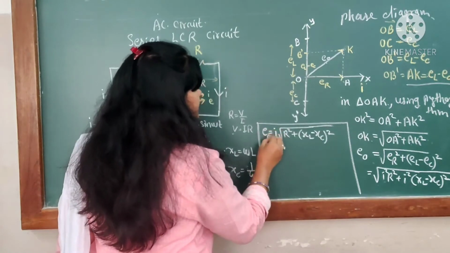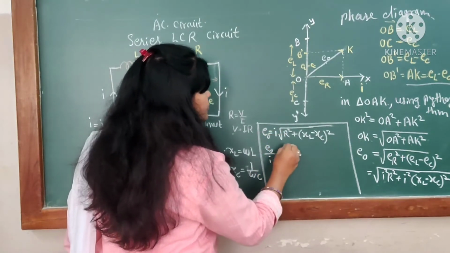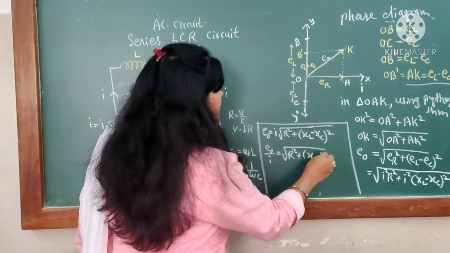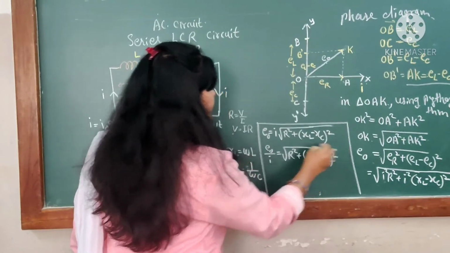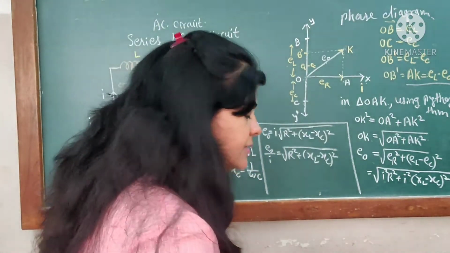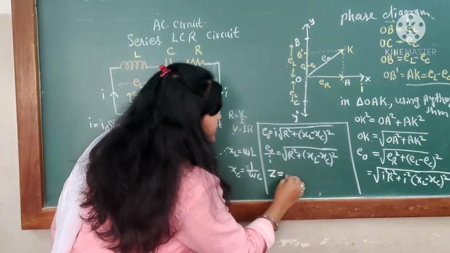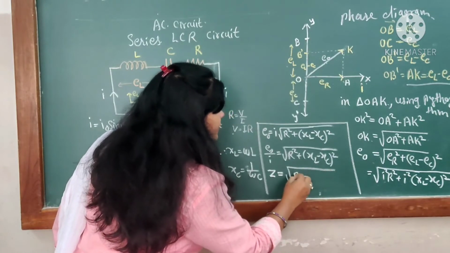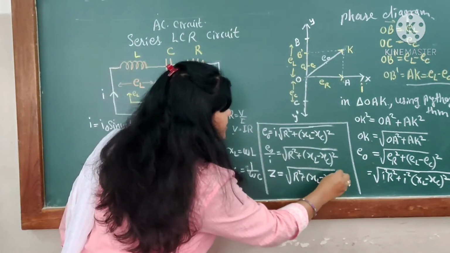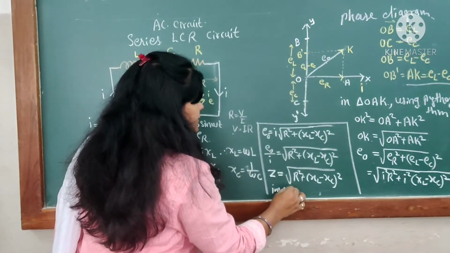Next, E naught upon I naught is equal to the square root of R square plus (XL minus XC) squared. This E naught upon I naught is called the impedance, denoted by Z. Z is equal to the square root of R square plus (XL minus XC) squared. This is the impedance of this circuit.